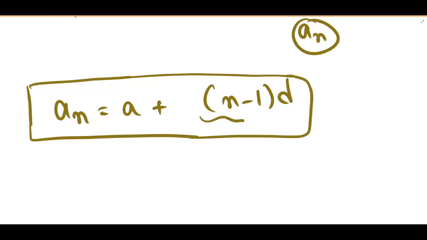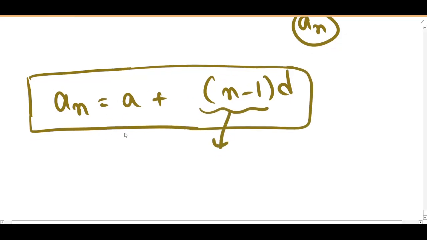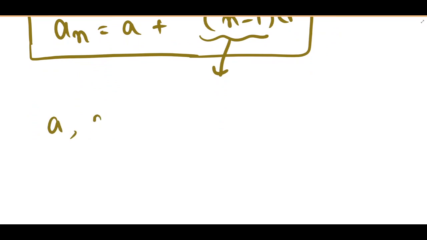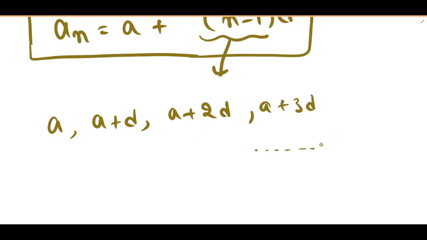So why have we taken n minus 1? If we consider a series a, a plus d, a plus 2d, a plus 3d, going up to a plus n minus 1 d, the next term will be a plus nd.